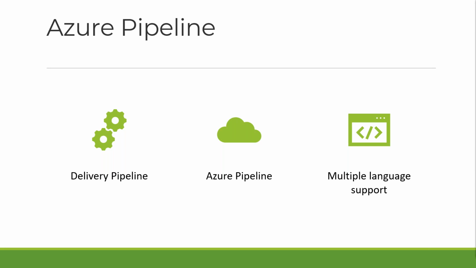So when we start off with the commitment of code, it goes through that cycle of review and approval, it goes through what we call a pipeline, and that pipeline goes through various stages.